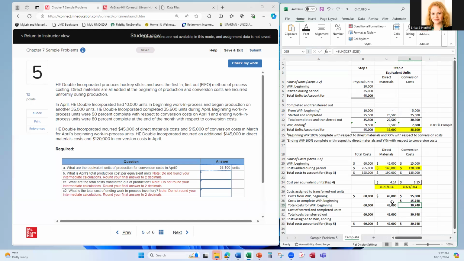Now, if we did this here, we could technically do exactly the same thing, C10 times C24, but because there's nothing in there, it's going to be 0. And then we want to sum that.